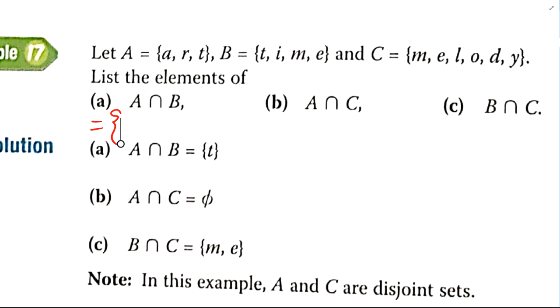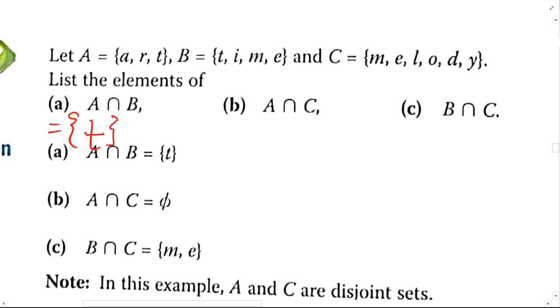T. Any more? Is that all? Let's compare these two only. What are the common elements? T. Only T, isn't it? So that is the element found inside A intersect B.